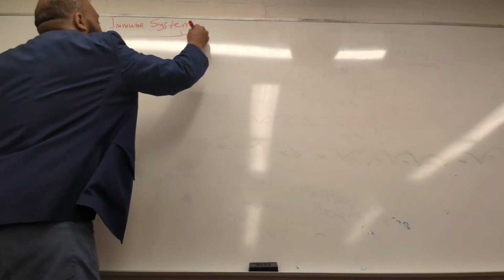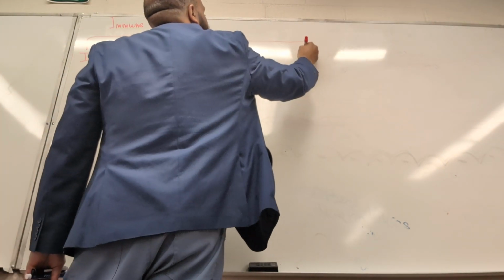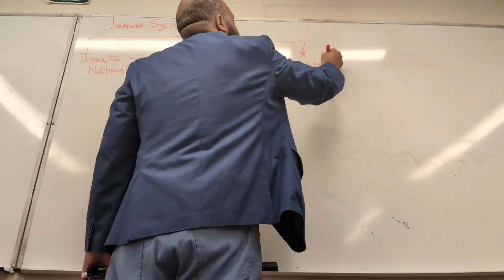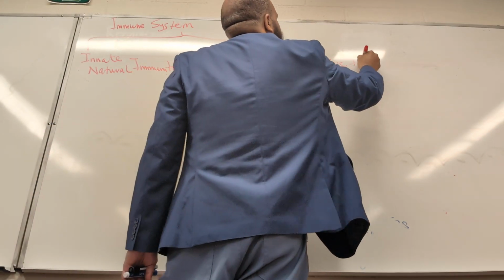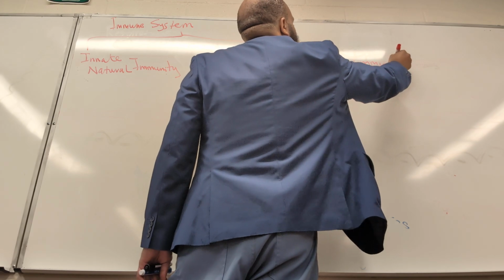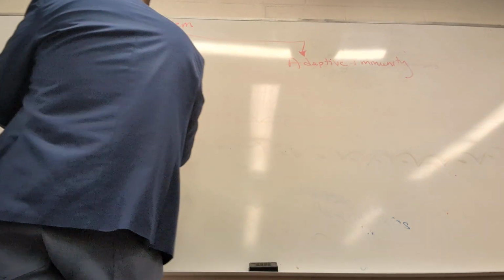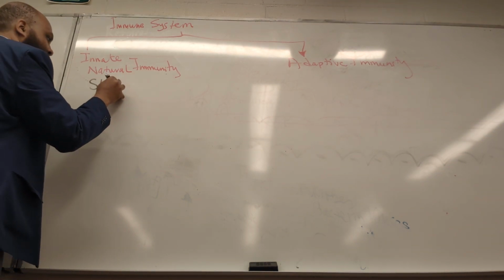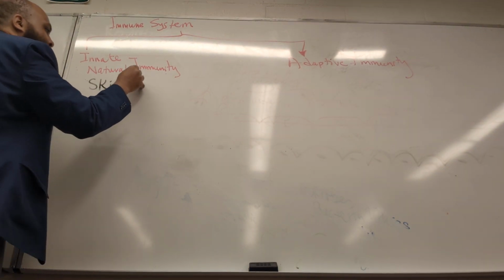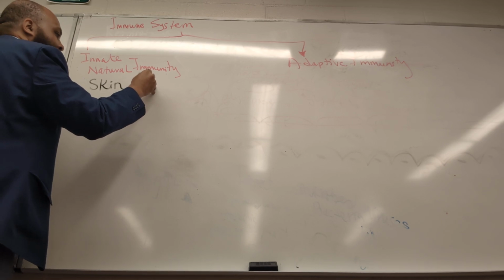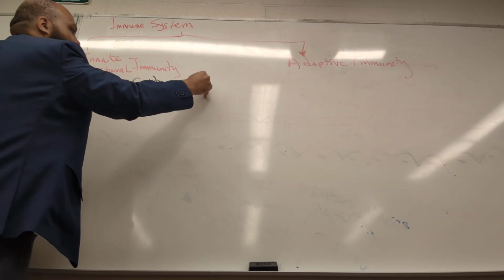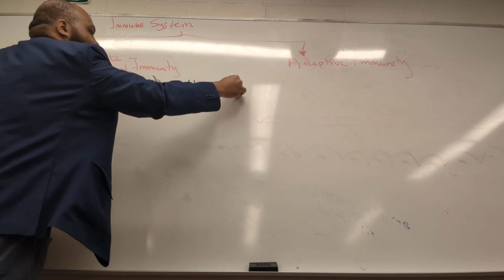It is also divided into adaptive immunity. The innate immunity is like your skin. Your skin is a barrier, an epithelial tissue barrier.